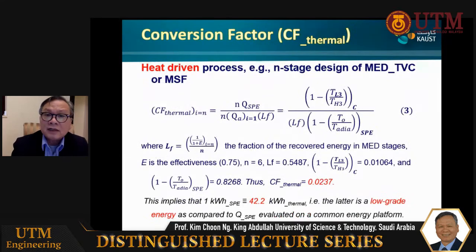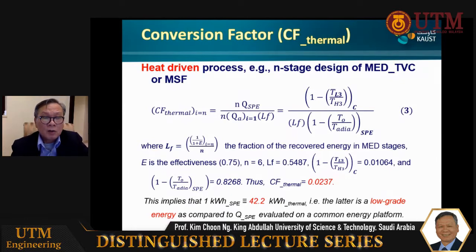In the same manner, the conversion factor for a multi-stage heat-driven process can also be expressed for the ease of engineers to convert the existing thermal energy consumed by these processes into QSPE, the energy that is drawn at the common platform. So when we work backward, you see that the conversion factor for thermal is very minute, at about 2.37%, 0.0237.